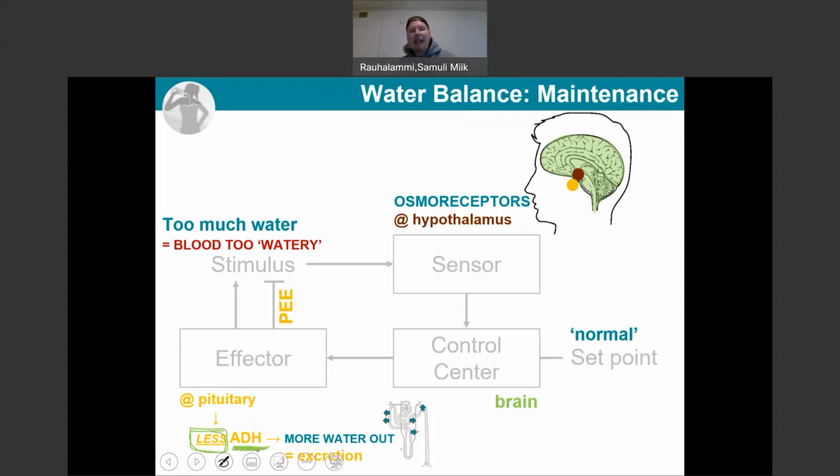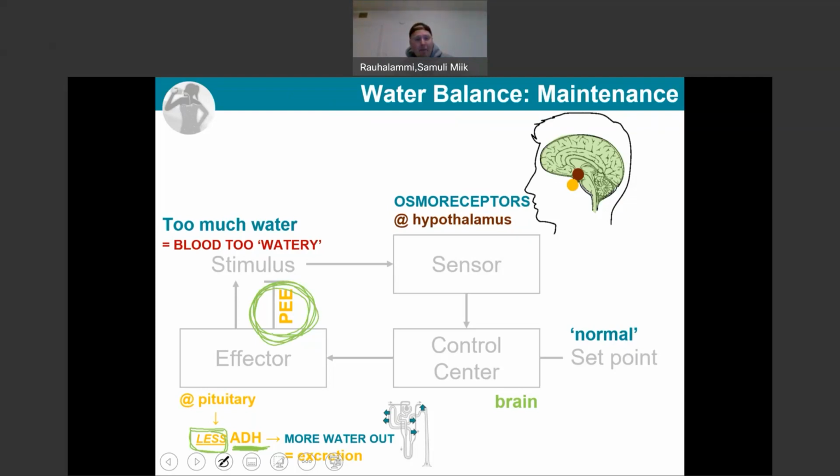So now we're making less of this hormone that makes us make less pee. So now more water leaves the nephrons as urine. So we end up producing more pee, and we simply urinate a lot of that excess water out from the body.